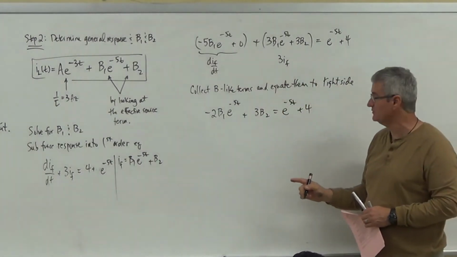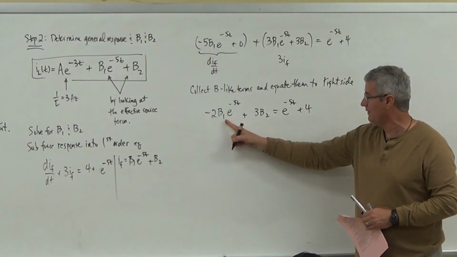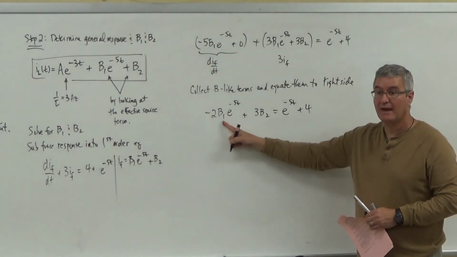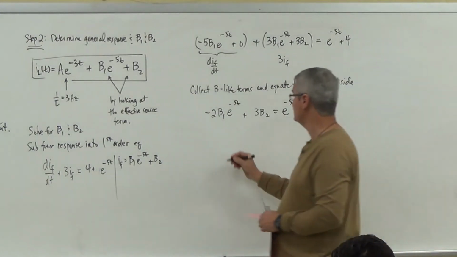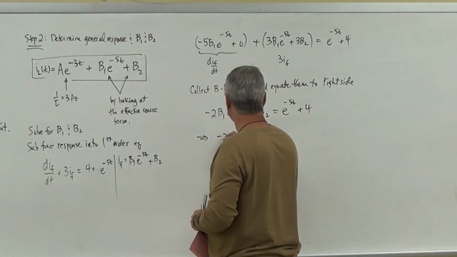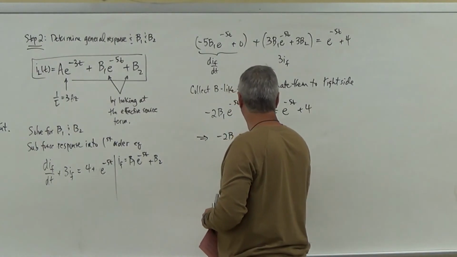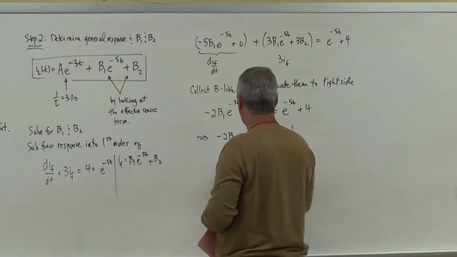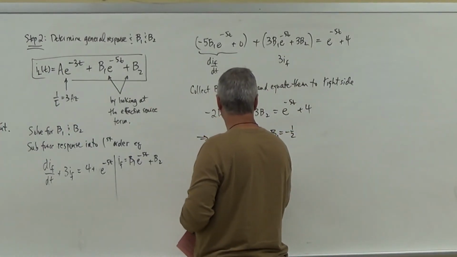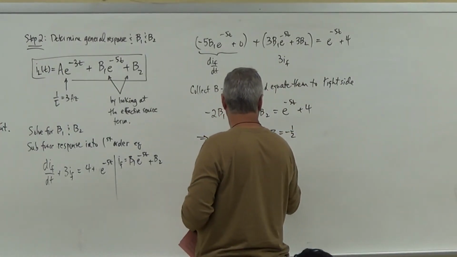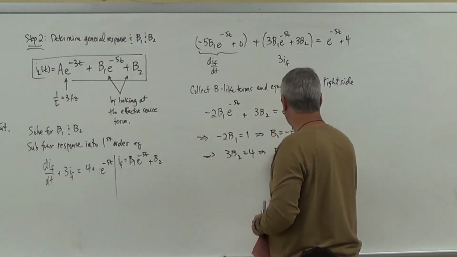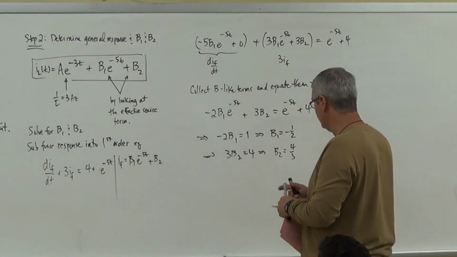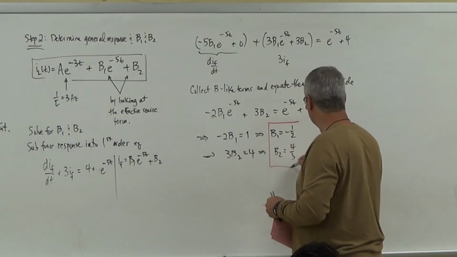Comparing these terms, -2 b1 has to equal 1, so b1 is equal to -1/2, and 3 b2 has to equal 4, which tells me that b2 is equal to 4/3. So I have my coefficients b1 and b2.